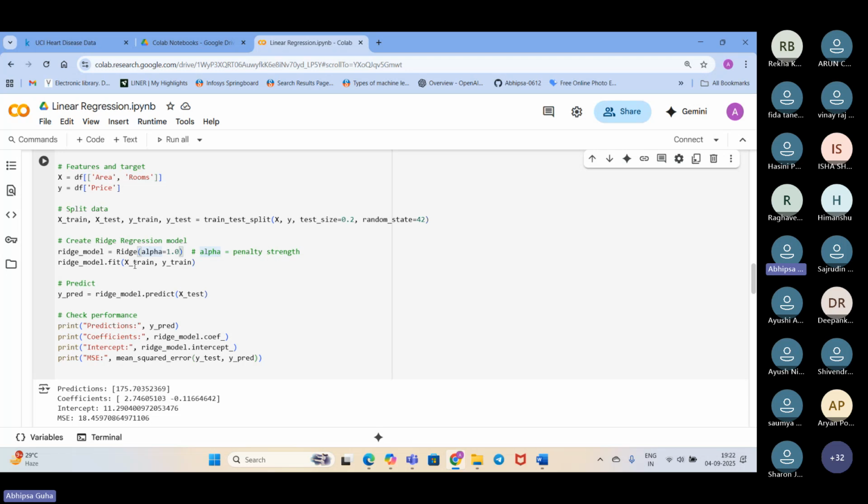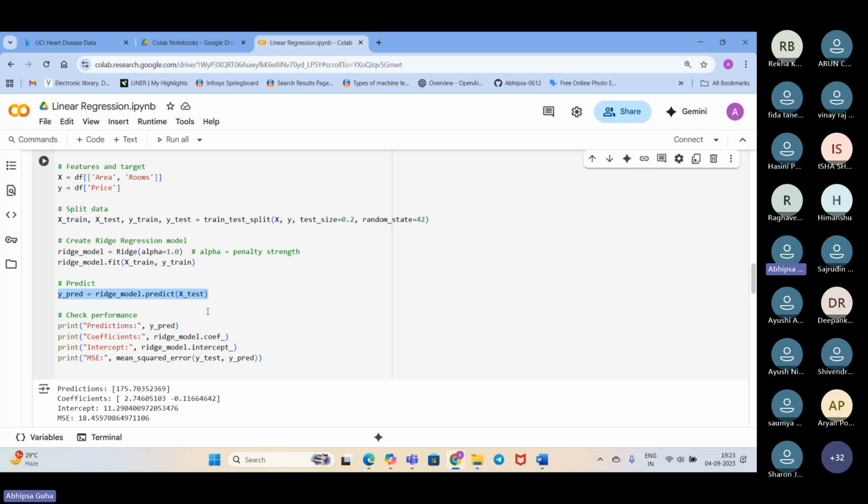What this does is train the model and apply the regularization; that is the dot fit. Then we have to predict. This part takes the X test data and tries to predict the house price based on that test data.